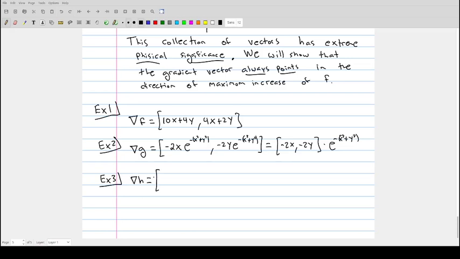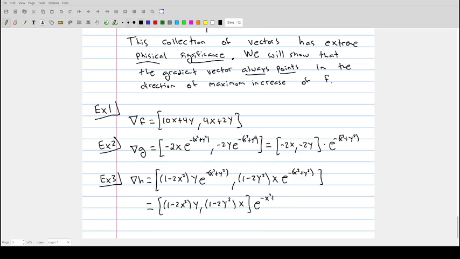We found that this was 1 minus 2x squared times y times e to the negative x squared plus y squared, and 1 minus 2y squared times x times e to the negative x squared plus y squared, which is the same thing as the vector 1 minus 2x squared times y, comma, 1 minus 2y squared times x, all of this times e to the negative x squared plus y squared.